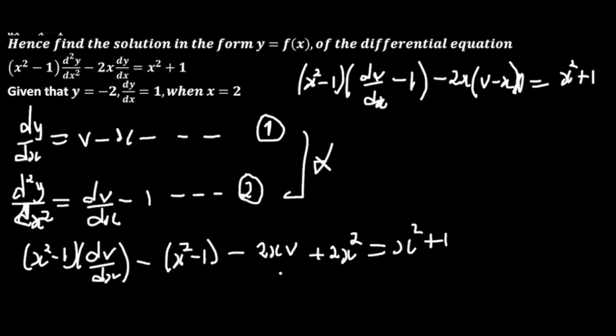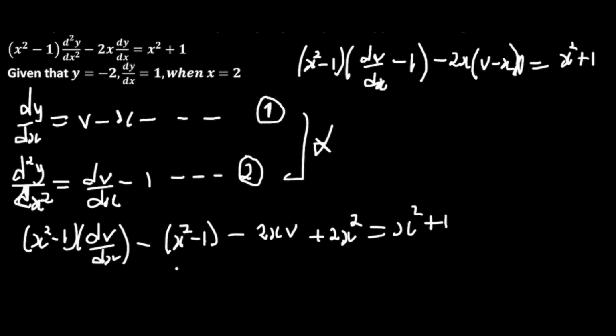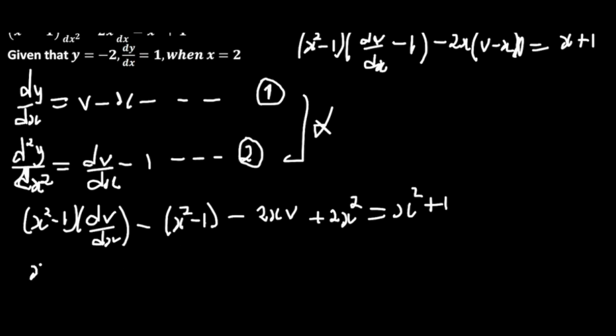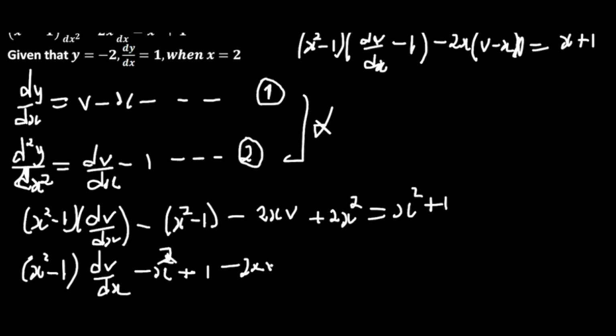So we have expanded this function, so we're going to see the things that can easily cancel out. Here we have x squared minus 1 times dv over dx, we're not going to expand this, so minus x squared plus 1, minus 2xv plus 2x squared equals x squared plus 1.